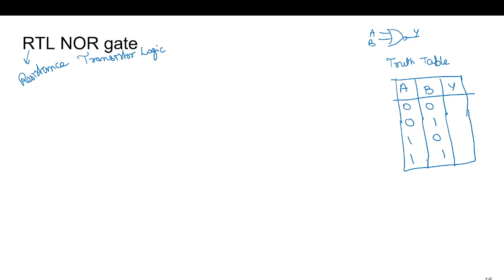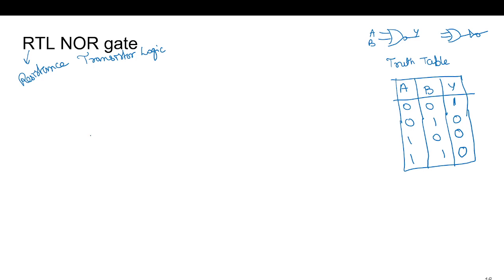It is an OR gate with an inverter. So the OR will be 0 here, so it will be 1 here. The OR will be 1 here, so it is 0. 1 plus 0 is 1, so 0 for the NOR. 1 or 1 is 1, so 0 for the NOR operation.